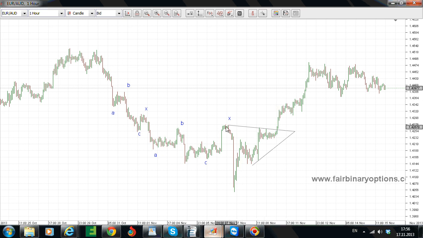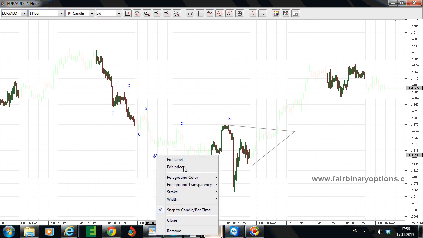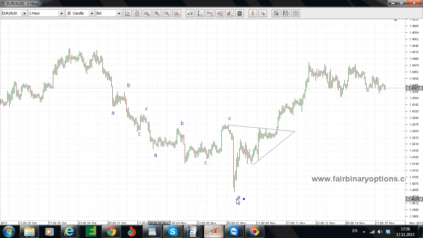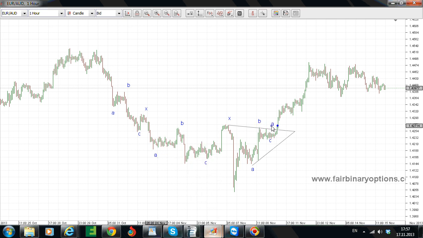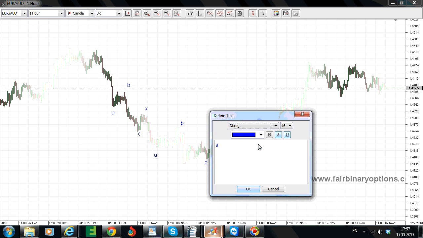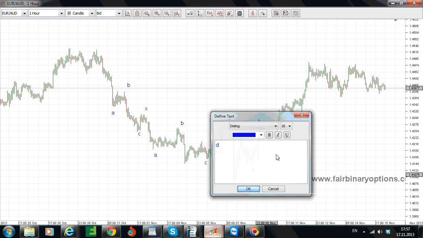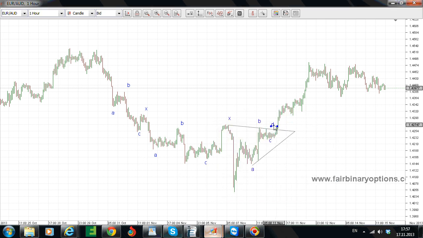From my point of view, we are looking at a contracting triangle of the same degree: A, B, C, D, and an E wave there.